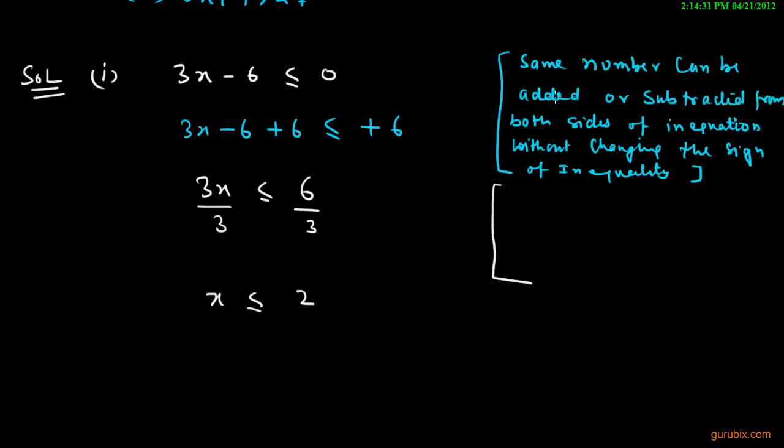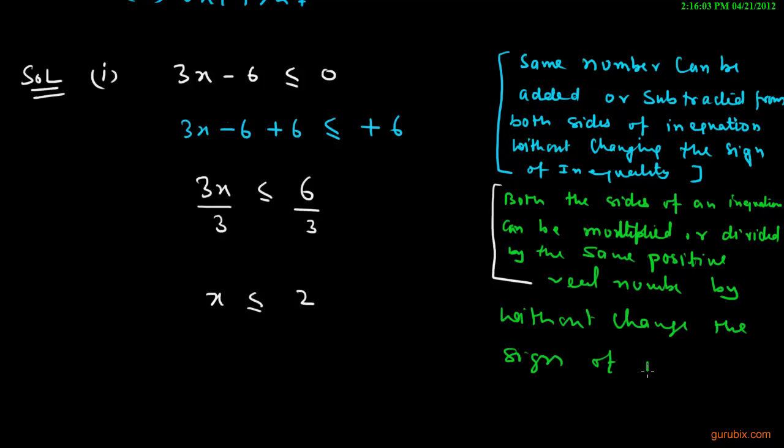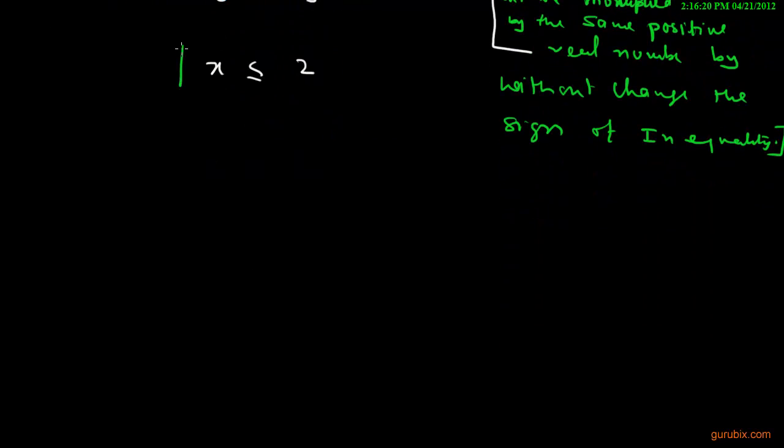This is the rule of adding and subtracting a number from both sides, and here we applied the rule that both sides of an inequation can be multiplied or divided by the same positive real number without changing the sign of inequality. So this is the rule we applied in the second step, and this is the rule we applied in the first step.